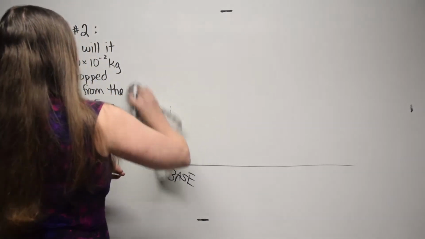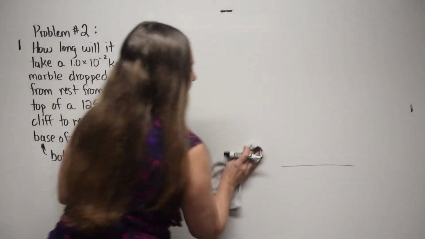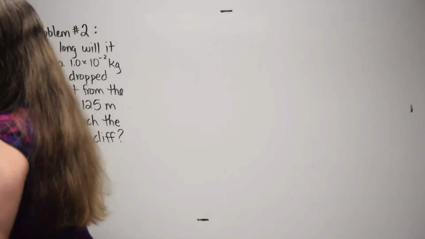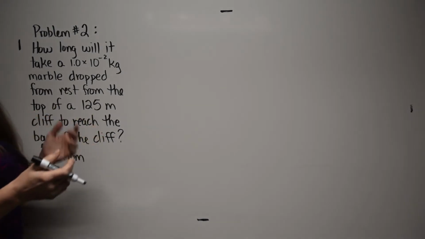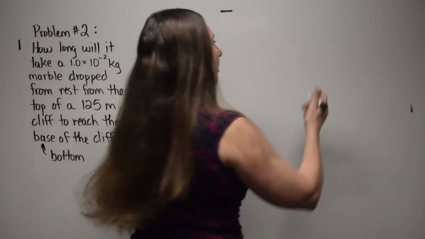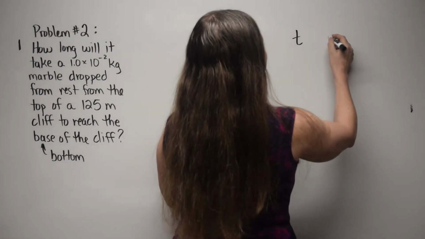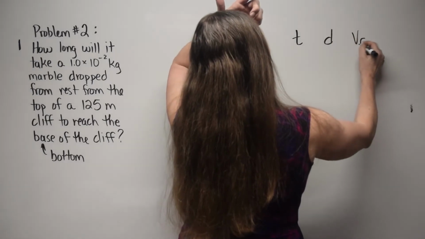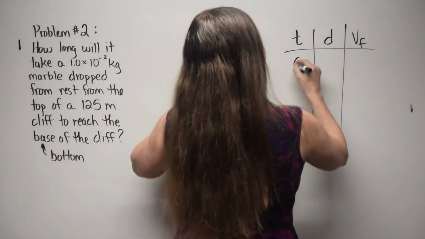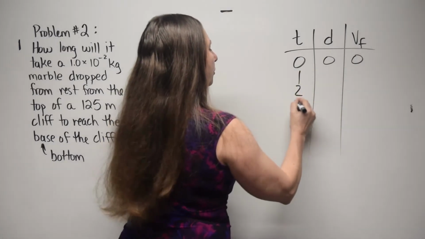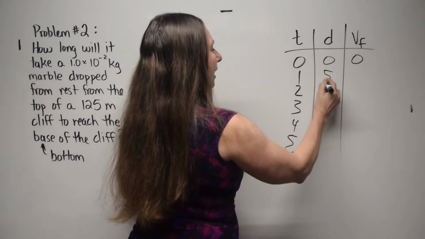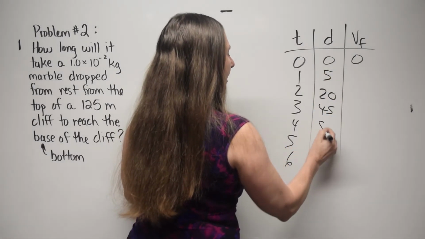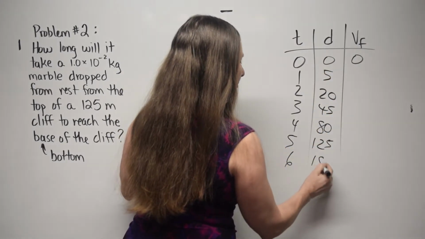Again, it's dropped from rest. It's happening on Earth. You can use the magic chart. If it's a multiple choice question, we're going to be done pretty quickly. Time, displacement, final velocity: 0, 0, 0, 1, 2, 3, 4, 5, 6. How far down? 5, 20, 45, 80, 125, 180.